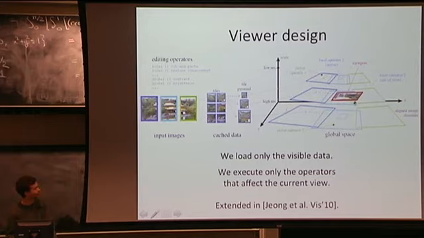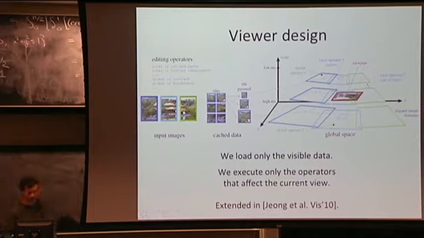This red part is the current view. I'm going to load only the data that intersect that view. Then if I have local operations that are represented by a bounding box, I'm going to compute only the ones that intersect this viewport. If there's an operation that concerns a part of the image that I don't see, I just don't run it at all.